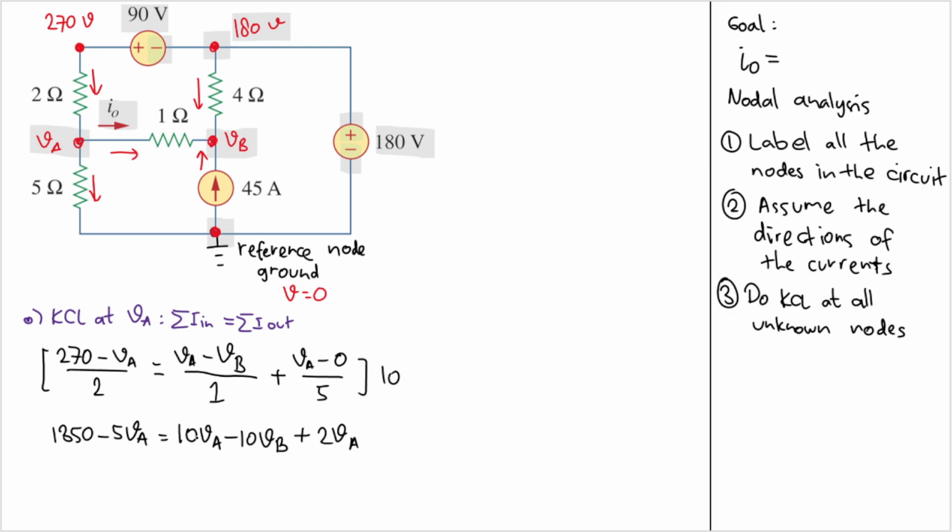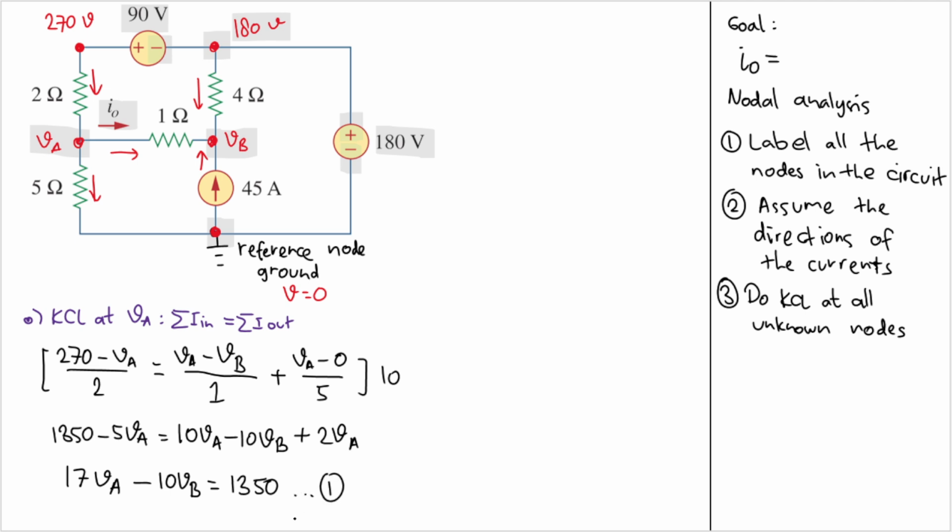Good. Now 10 plus 2 is 12, 12 plus 5, that will be 17. I will have 17 VA, and then minus 10 VB. Okay, and that will equal to 1350. Good. Now let's set this here as equation number 1.